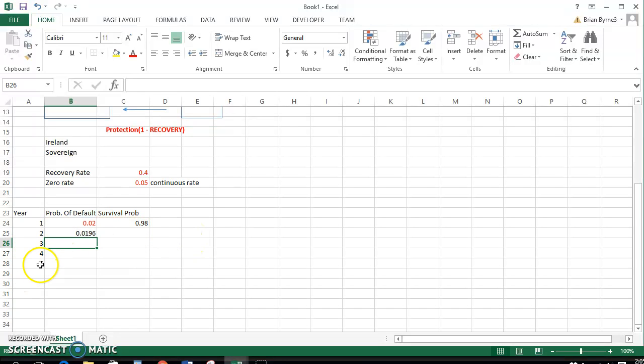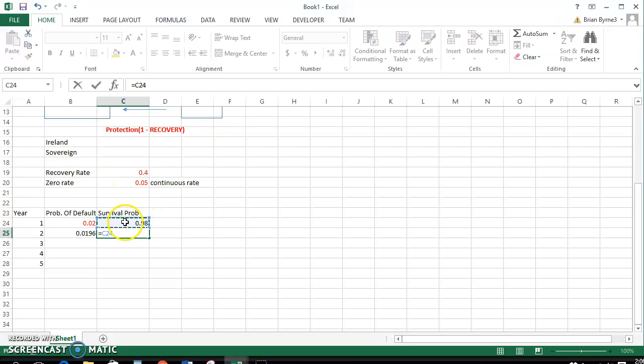So the probability of defaulting in year 2 would be less than 2%, it would be 1.96%, because default here would imply you must have survived here. And again, if we want to update our survival prospects for year 2, we would take 0.98 multiplied by itself again, and I lock the cell reference.